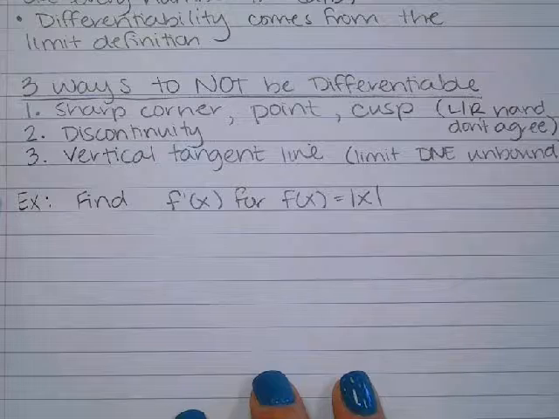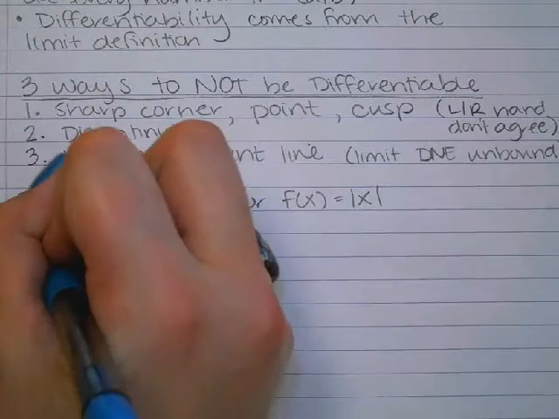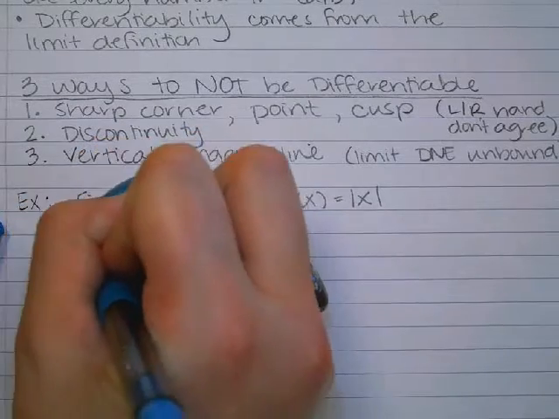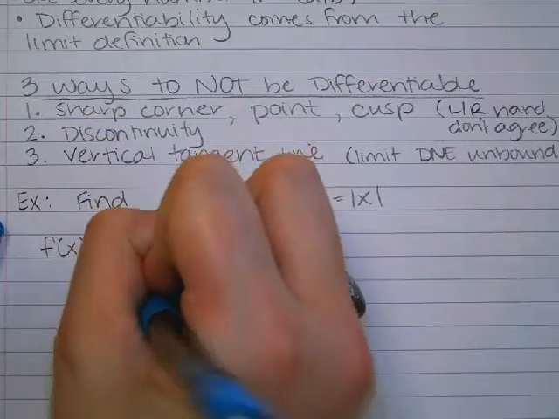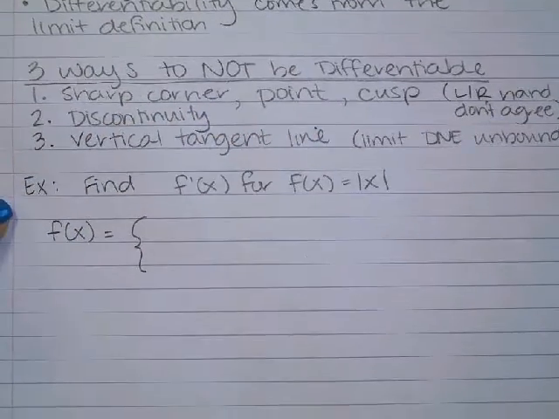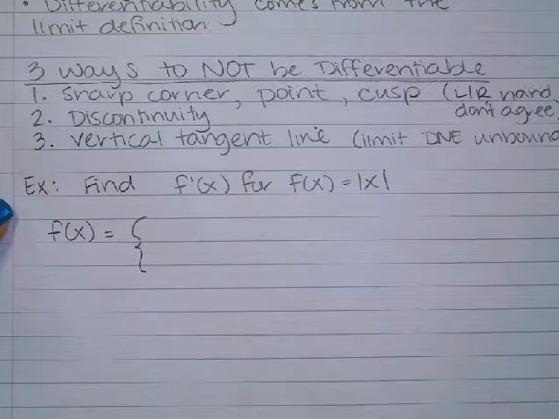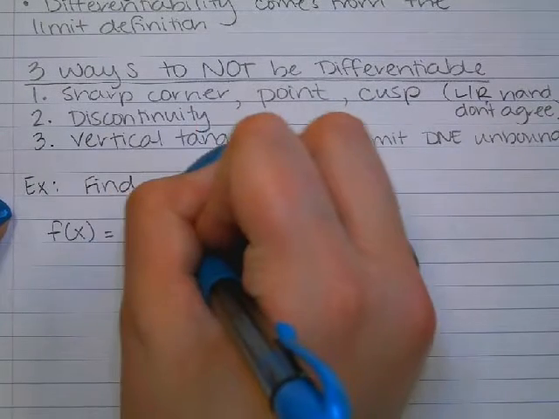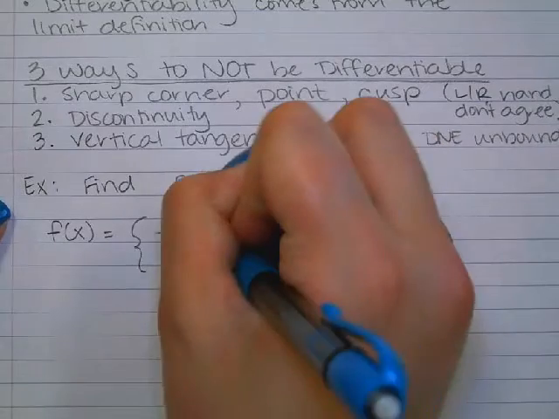So what do we have to do first? Make it a piecewise. So I'm going to say f of x equals, and how do I write it as a piecewise function? So I've got negative x and I've got positive x.